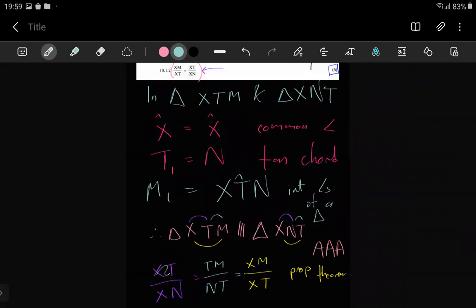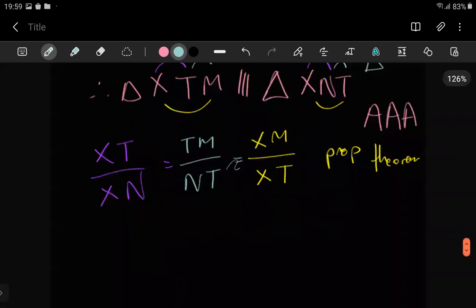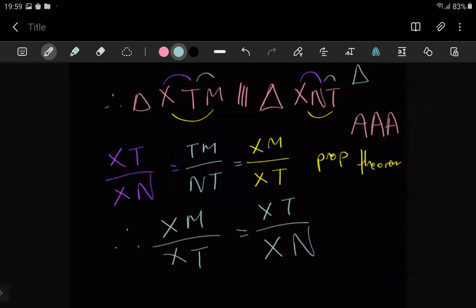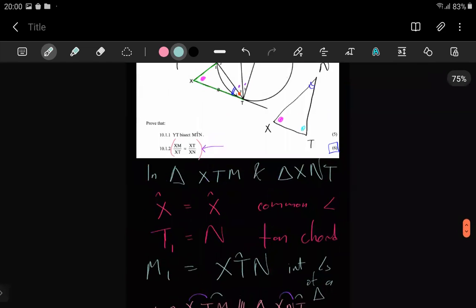Here there's XT and XN. So from writing this, you can just pick out two that are relevant to you. Therefore, you can even start with this as they did. XM over XT is equal to XT over XN, which is what they want you to prove. Hence why they're giving you 6 marks.